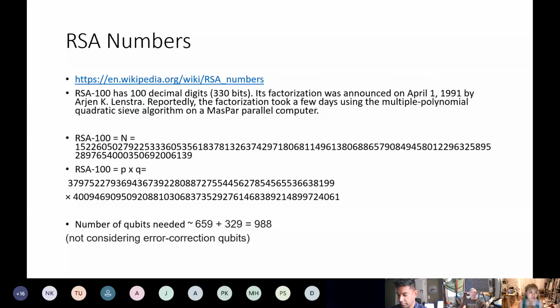Let's take a real RSA number as an example. On Wikipedia, you can find a list of broken RSA numbers. The smallest one is RSA-100, with 100 decimal digits. This is a real number that was used before it was broken, and it is this long.